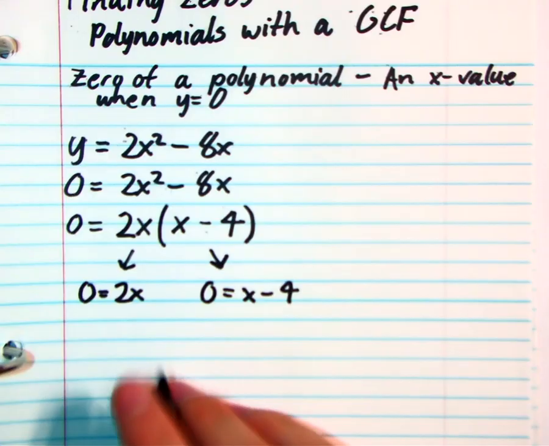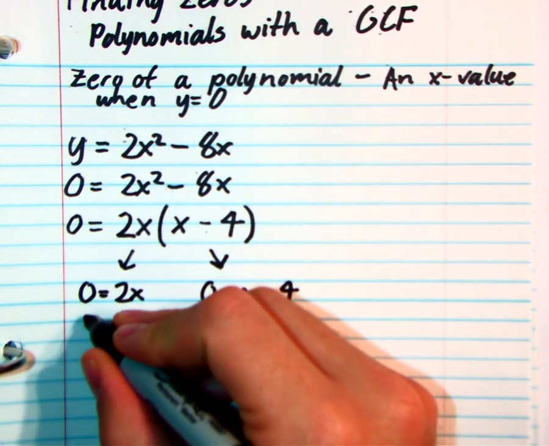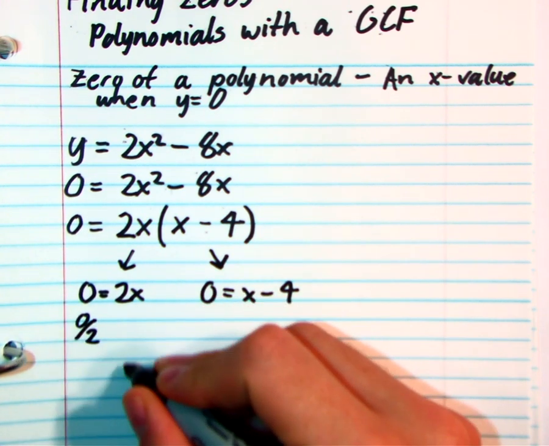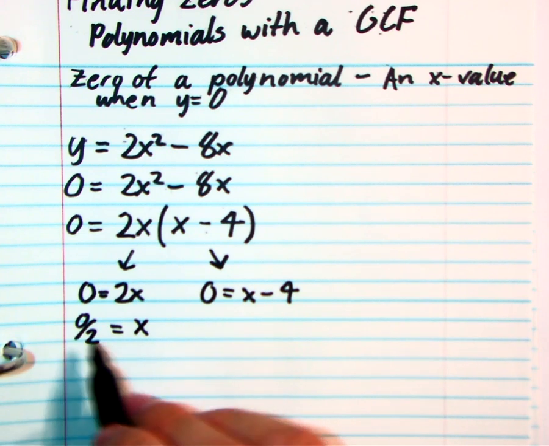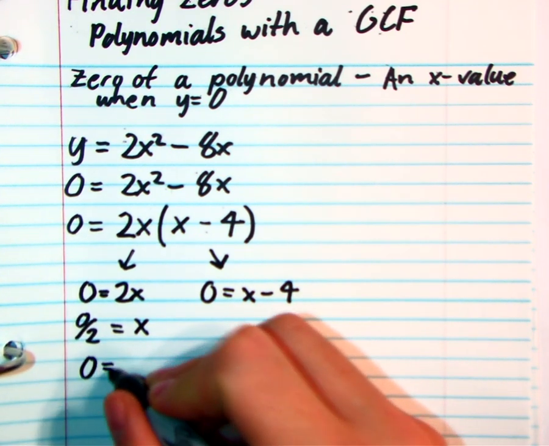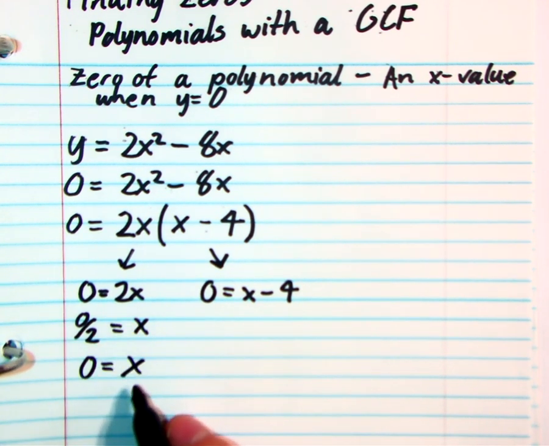Let's look at the first factor, my greatest common factor. If I divide both sides by 2, I've got 0 divided by 2 is equal to x. But 0 divided by 2 is just the number 0. So in this equation, x can only equal 0.